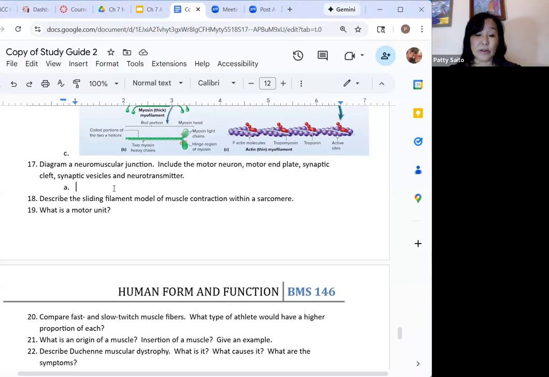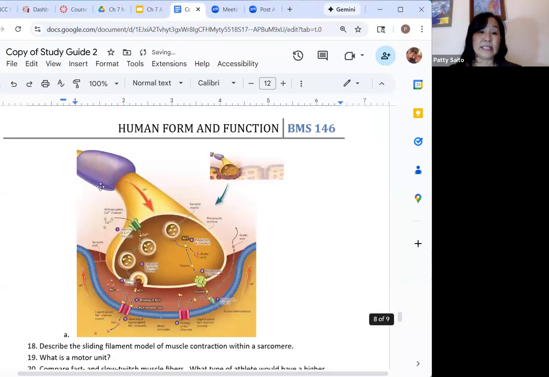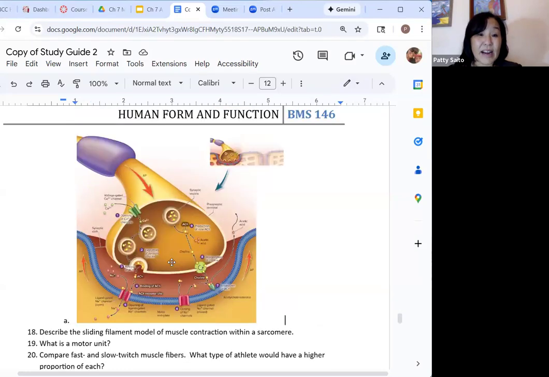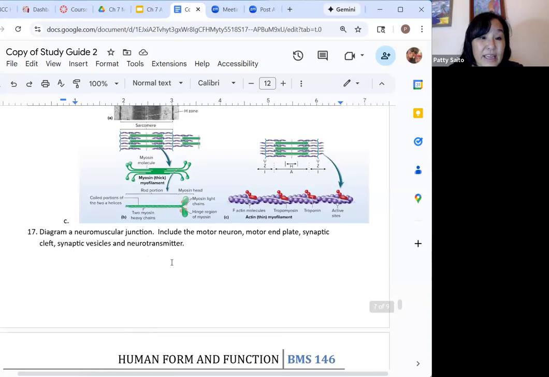And then in particular, the neurotransmitter is acetylcholine. So you do have to know that. All right, so here's this neuron, end of the nerve cell. Here, synaptic cleft, here's the motor end plate, and then here are the acetylcholine receptors. Okay? All right, I think that's good for that.